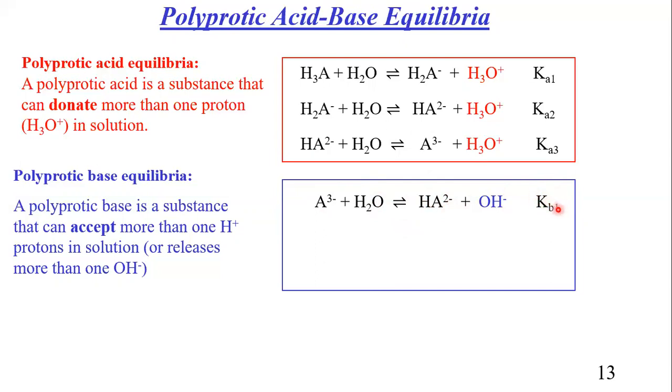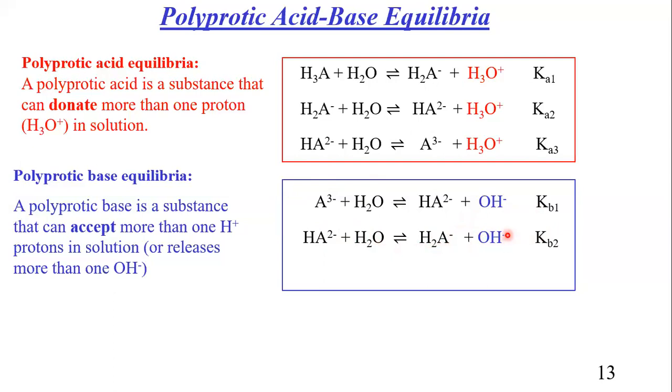We call it Kb1 because, again, look at this reagent HA2 minus, there are still 2 negative charges. And yes, those 2 negative charges can also accept another proton, thus becoming H2A minus and OH minus. We've released another hydroxide ion into solution.